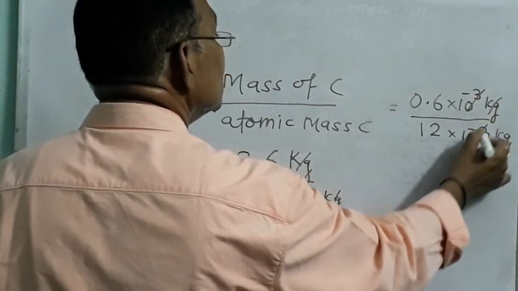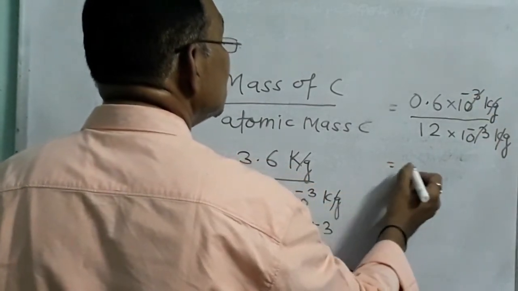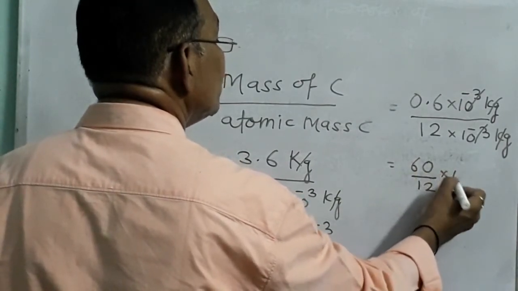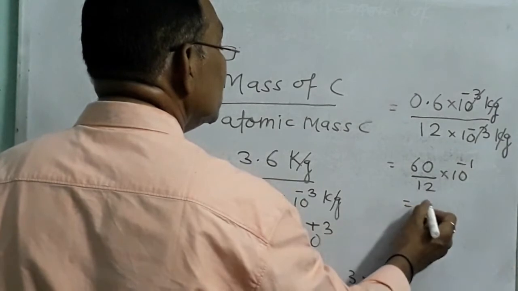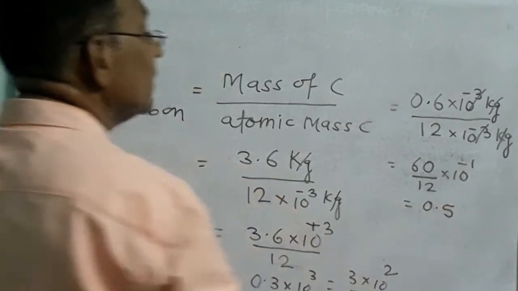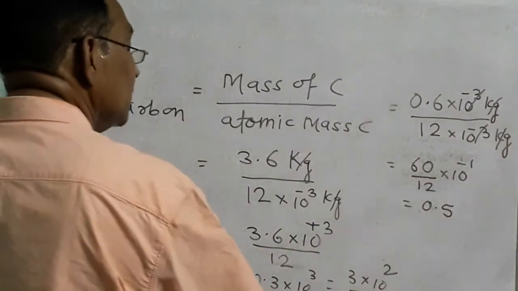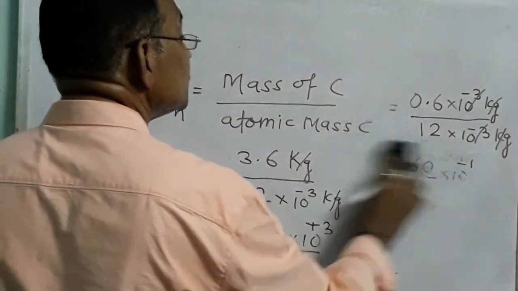So here the powers and the unit will be cancelled, and we can write 60 divided by 12 into power of 10 minus 1, that is 0.5. So in this way some conversions of mass will also be required in these problems. Now see, these are the problems on calculation of number of moles.